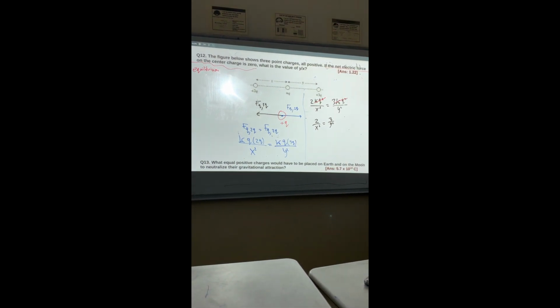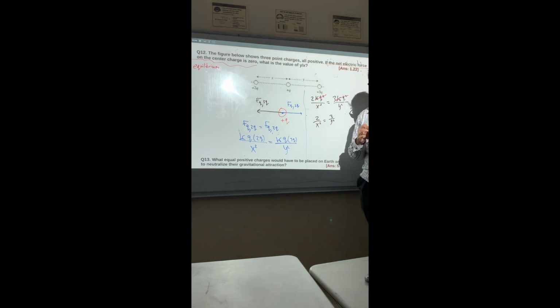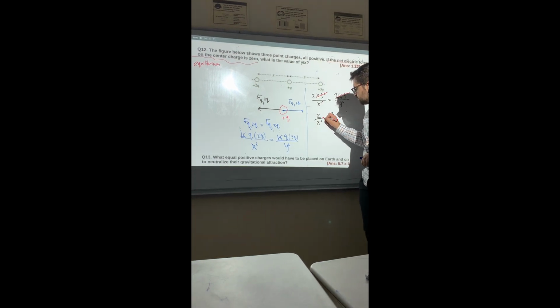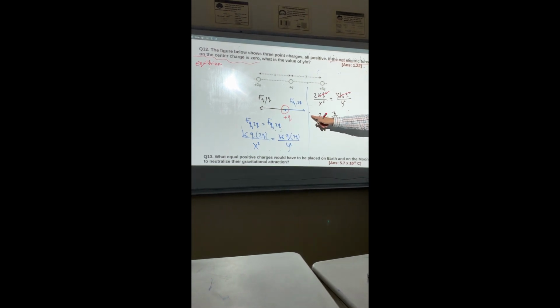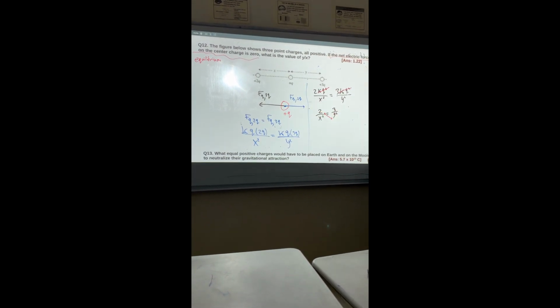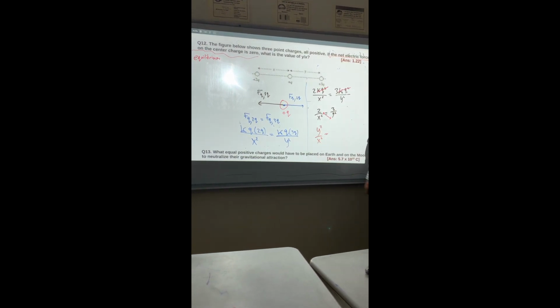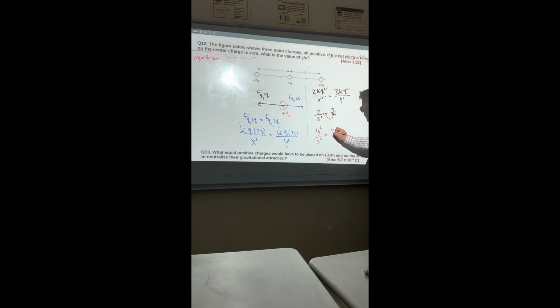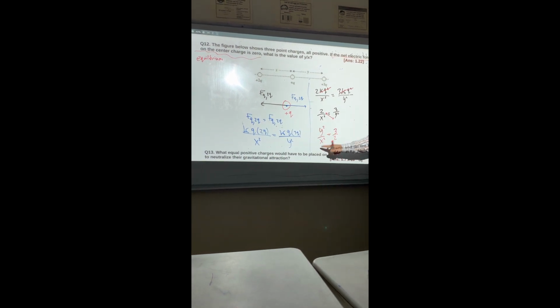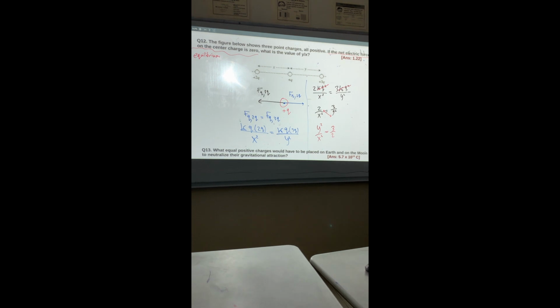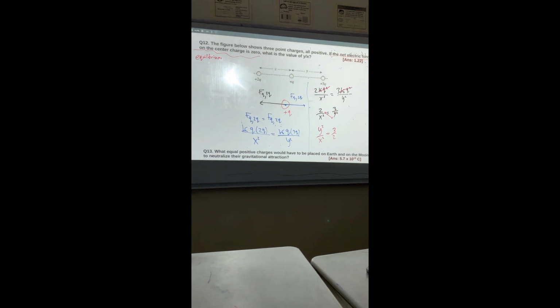We do cross multiplication. What does the cross multiplication say? If I put this arrow, it means that I can interchange the position of this and this. So it will be y squared over x squared is equal to 3 over 2. What do they want? Y over x. How do we get y over x?